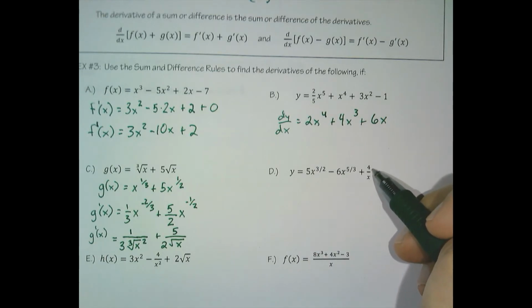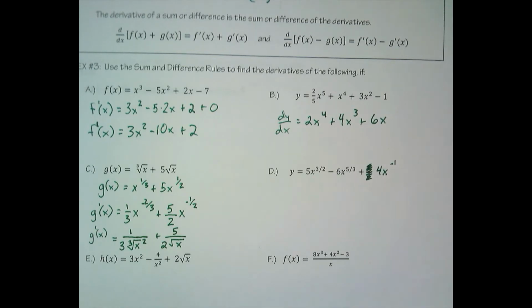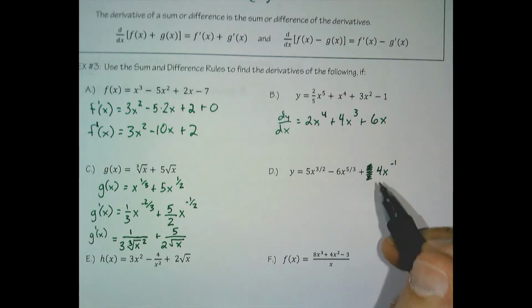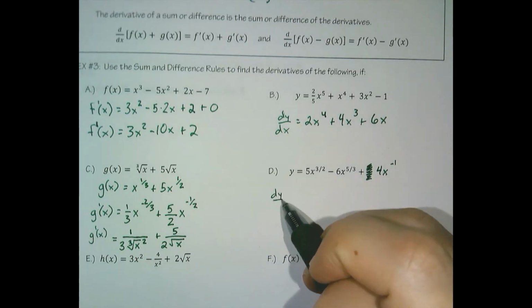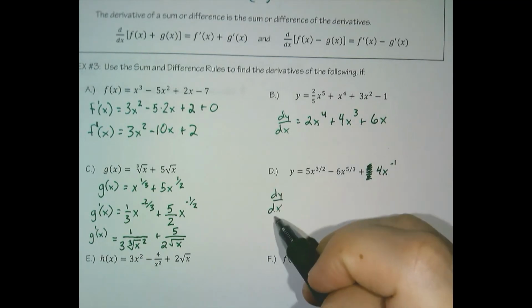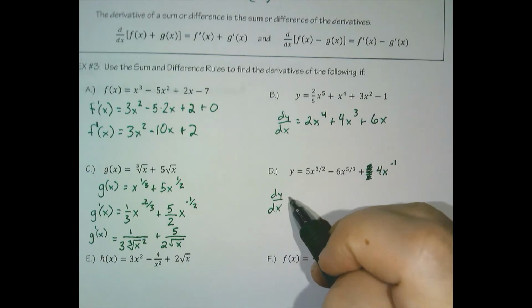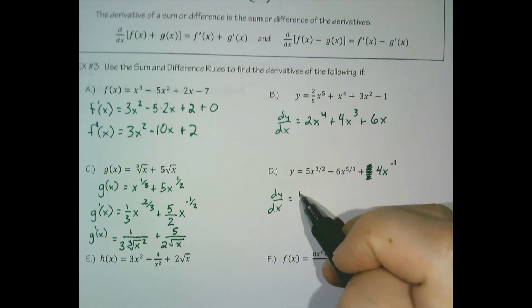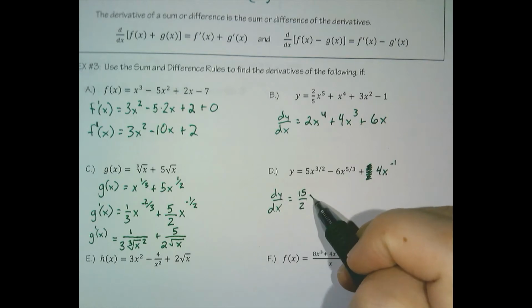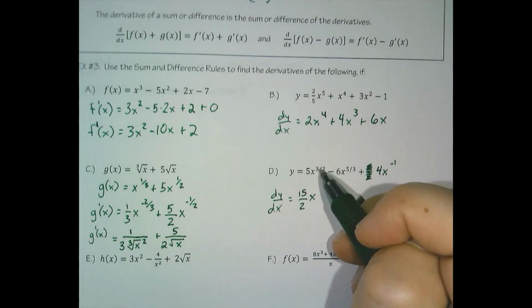This last one I'm going to rewrite as 4x to the negative 1, because that's the same thing, and that'll make it so I can use the power rule. So the derivative of y with respect to x: 5 times 3/2 is 15/2, and then we decrease that exponent by 1.